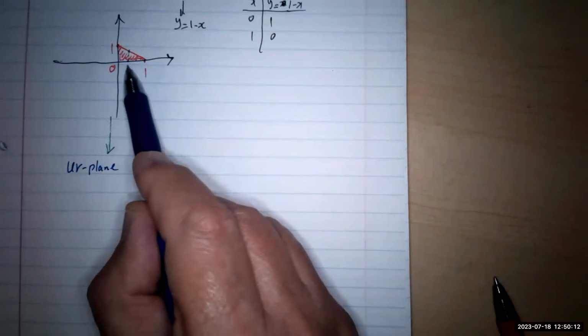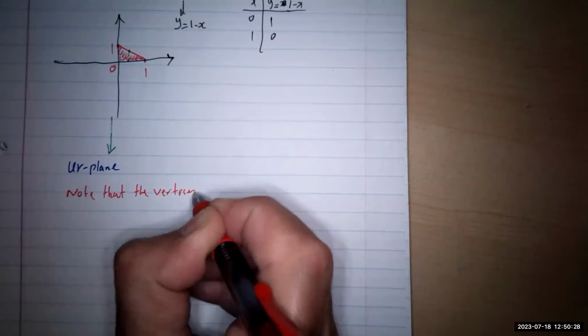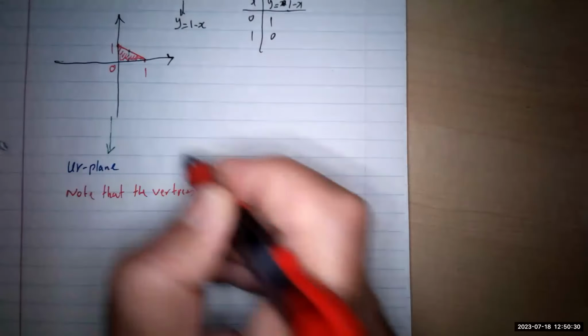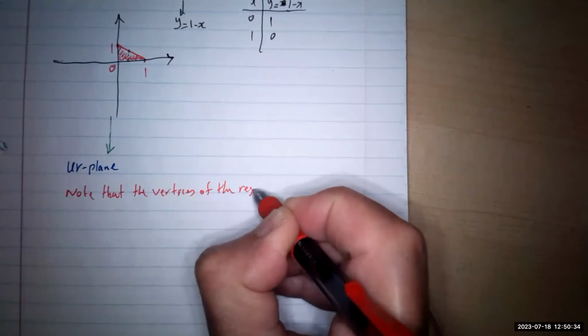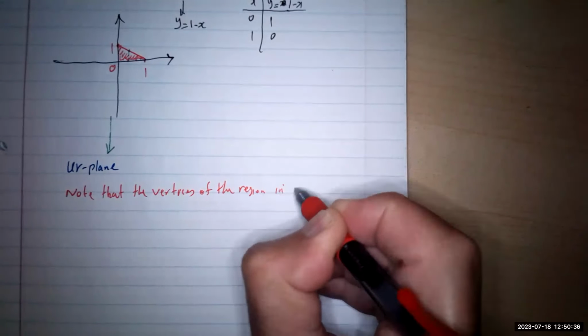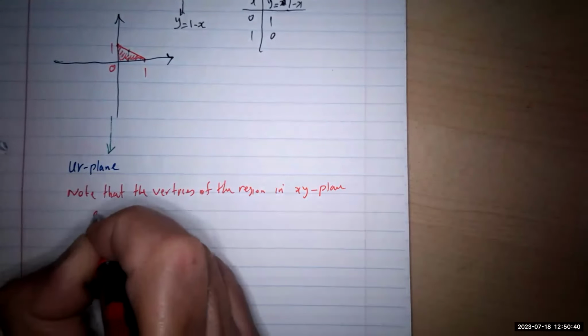So you have 3 points. Consider these vertices that we have. Note that the vertices of the triangle, or the region in the XY plane, are what?